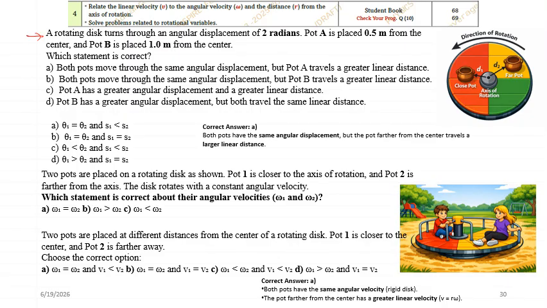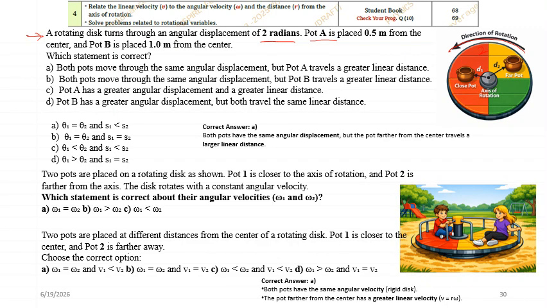Fine. Now, a rotating disk turned through an angular displacement of 2 radian. It has rotated an angle. Port A, so this particular disk is rotating through an angle of 2 radian.